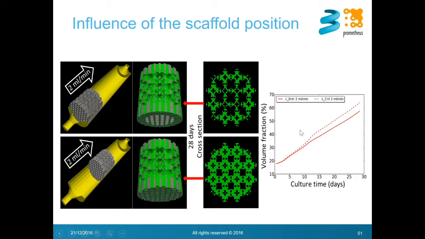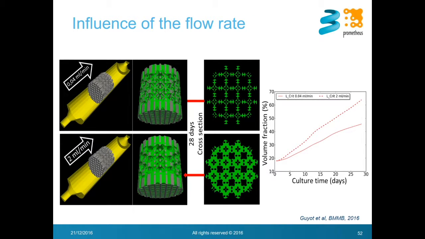So if you have scaffolds at the bottom, we consistently saw this gap of tissue at the bottom, which we can capture with the model. And when we place the scaffold in the middle, we also get experimentally, as we get in the simulations, a much more homogeneous filling.